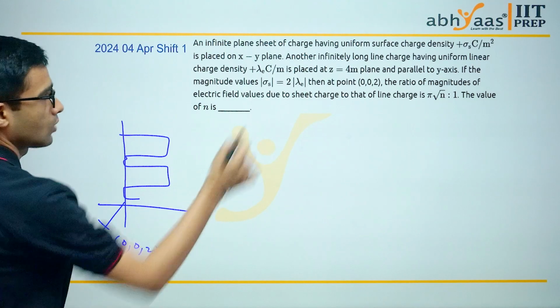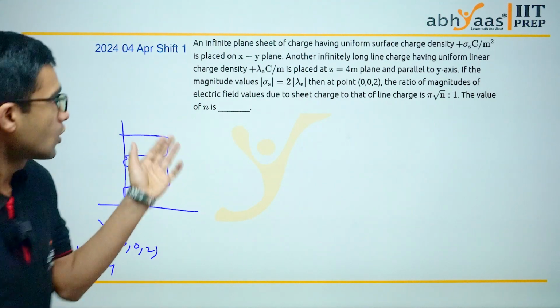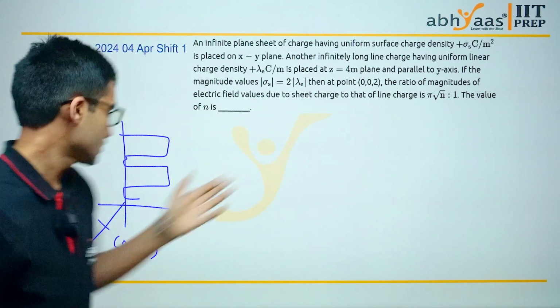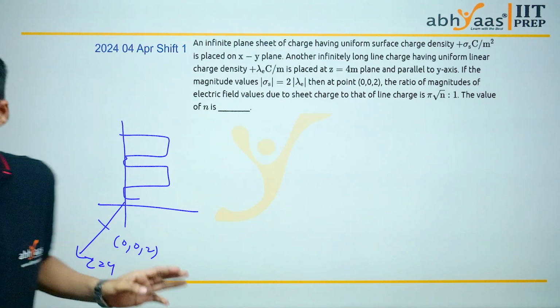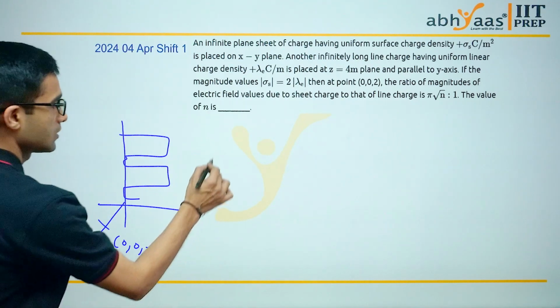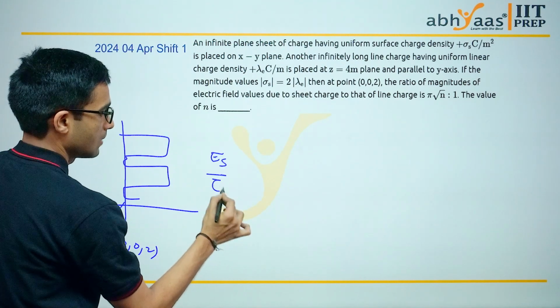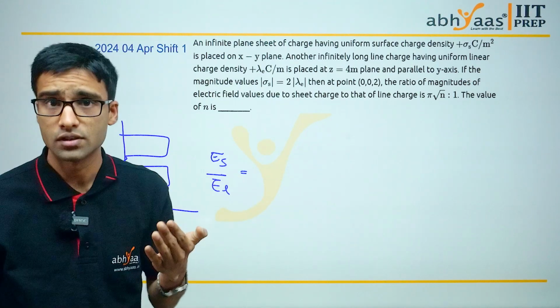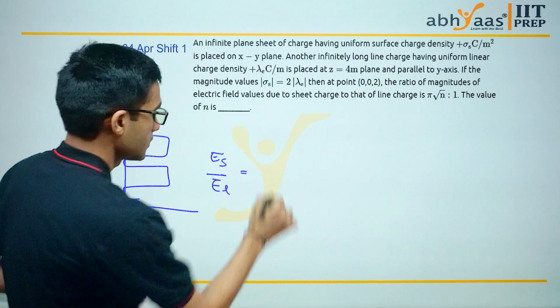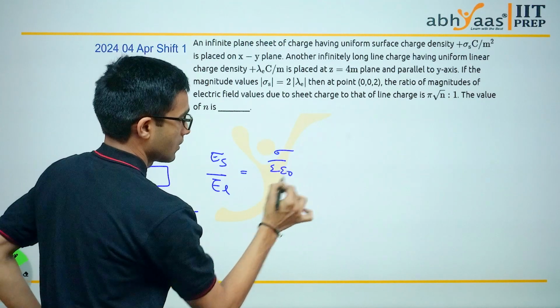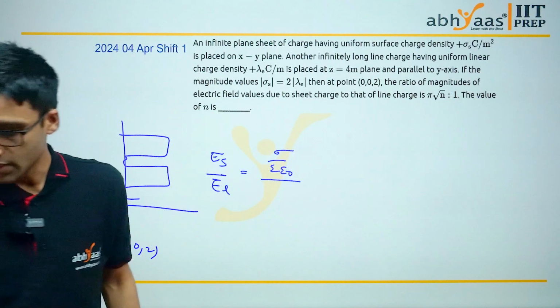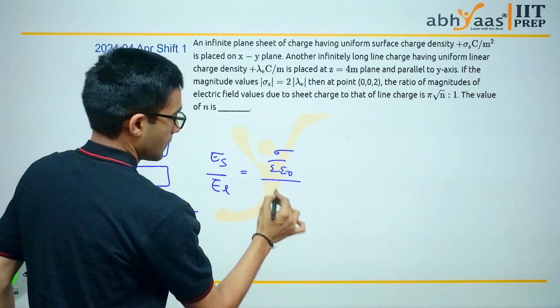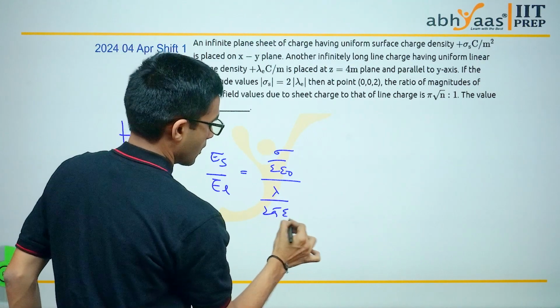He is asking for the ratio of electric fields due to the sheet charge and due to the line charge. For the sheet charge, the electric field is σ/2ε₀, whereas for the line charge it is λ/2πε₀r.